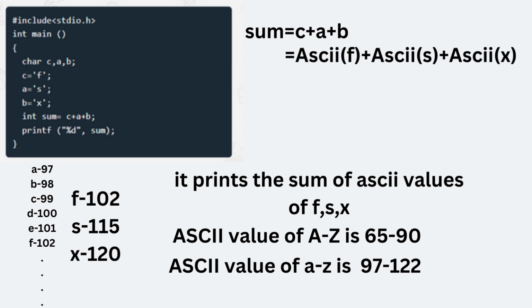That will be equals to 102 plus 115 plus 120. That will be equals to 337. So 337 will be printed as sum.